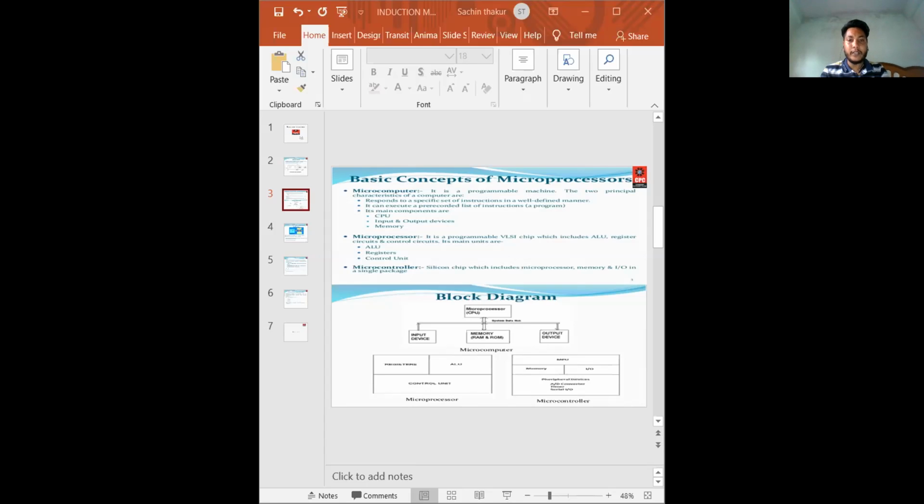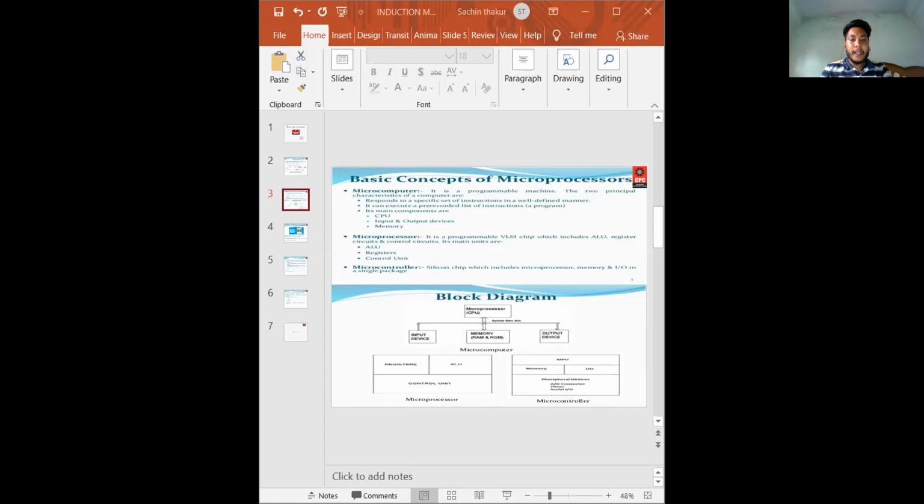If we compare the 8085 and 8086 microprocessors, first of all, talking about size, the 8085 is an 8-bit microprocessor, whereas the 8086 is a 16-bit microprocessor. As for the address bus, the 8085 has 16-bit addresses, while the 8086 has a 20-bit address bus.